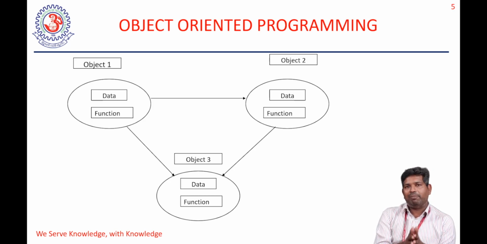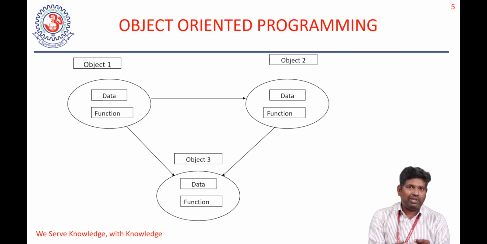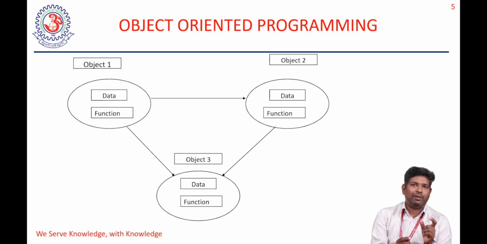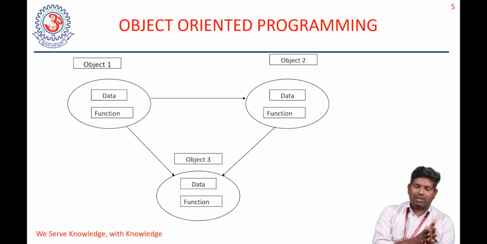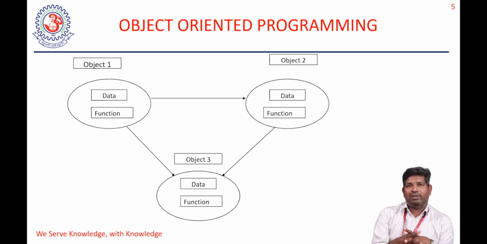The basic building blocks of procedure-oriented programming are functions, that means a procedure. When we come to object-oriented programming, everything is in the form of objects. What is this difference? How will it be helpful? There are two or three advantages. In procedure-oriented programming, we can't say there is data security, and it is very difficult to represent real-time objects.